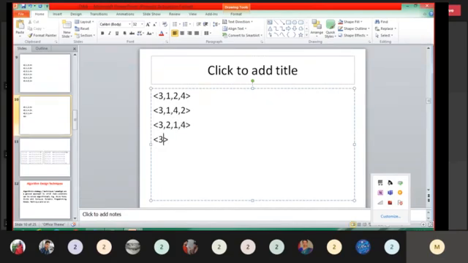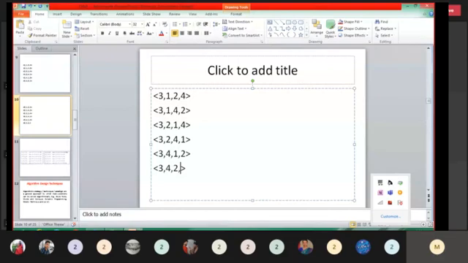Next is 3, 2, 4, 1. Next is 3, 4, 1, 2. Next is 3, 4, 2, 1.